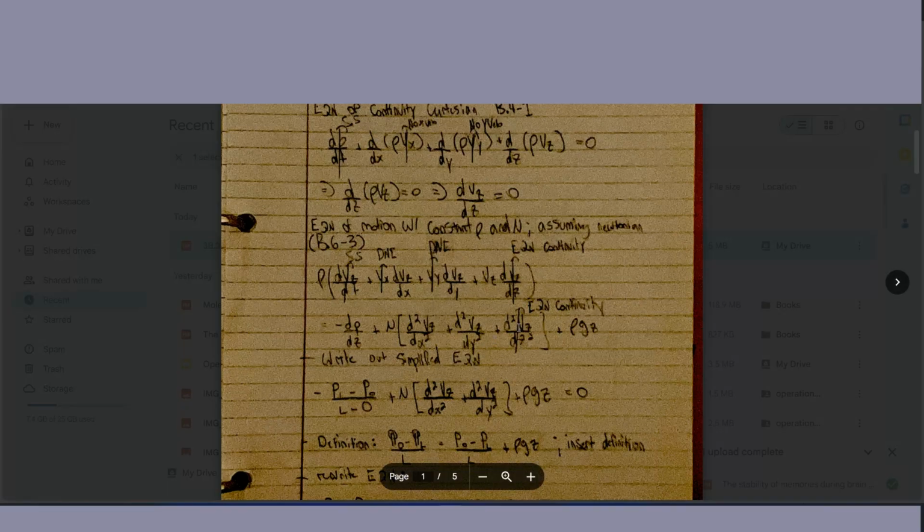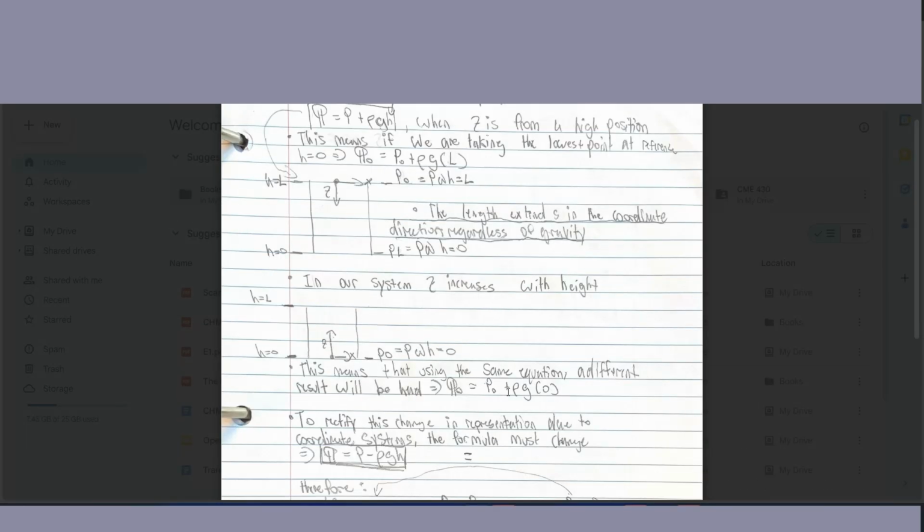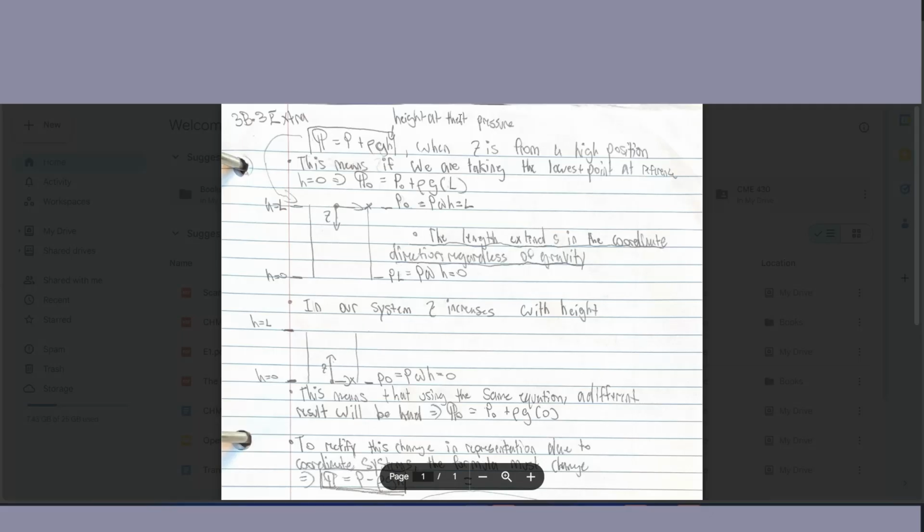And again, d squared vz/dz squared equals 0 because of the equation of continuity. So all you're left with is this, and we can combine these two terms into this definition here.